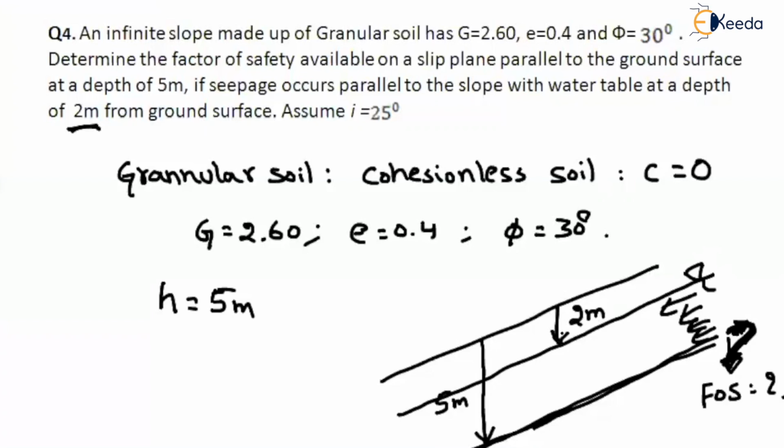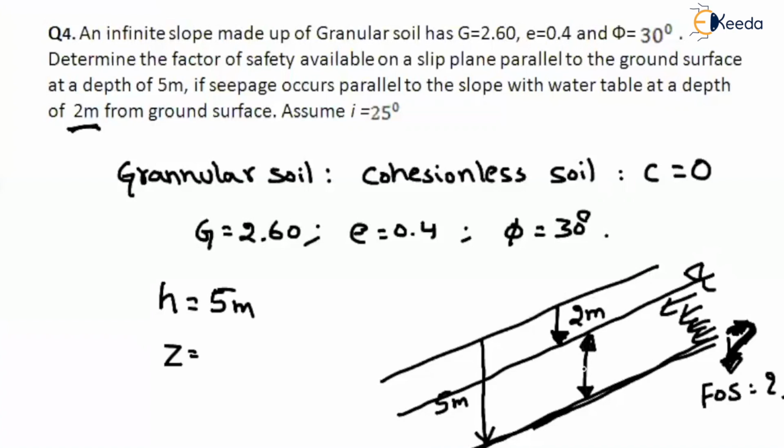If you remember, while doing the derivation, we considered the Z value from the water table to the failure plane. But what is the value given in the question? This is the distance from the ground surface to the water table, whereas in the derivation we took the distance from the failure plane to the water table.